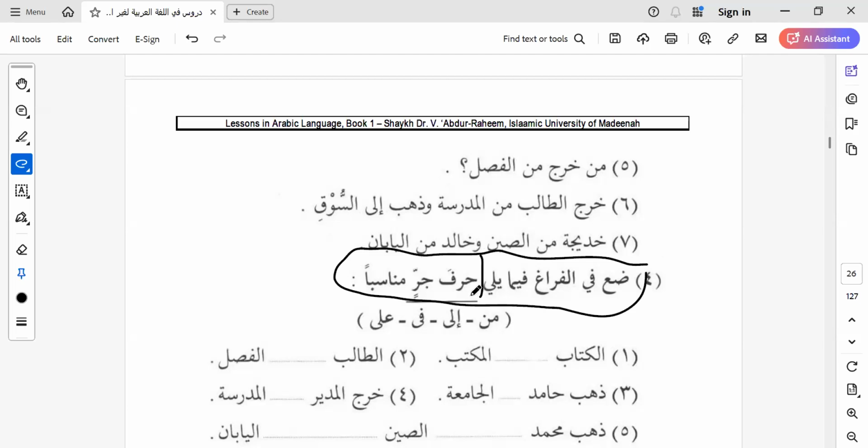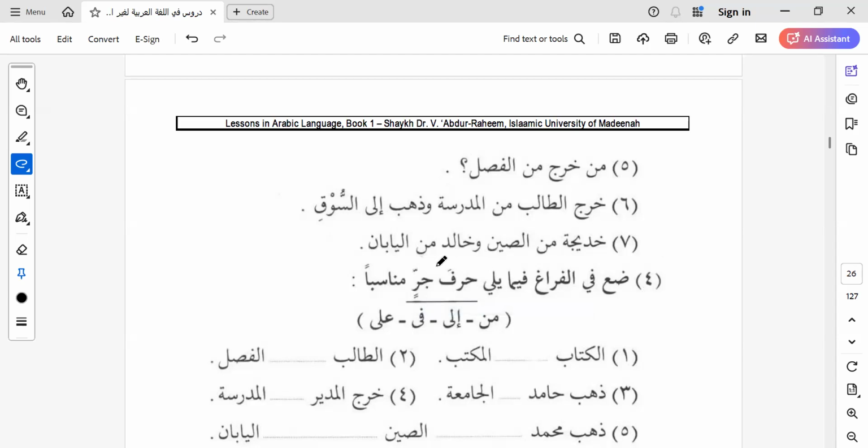What's the relationship between harf and jarrin? And what is the relationship with this munasiban? Again, we have talked about this. The relationship between harfu and jarri is muḍāf and muḍāf ilayhi. Yes, muḍāf ilayhi, but basically harfa here, why does harfa have a fatha?